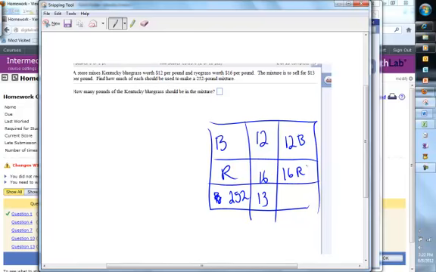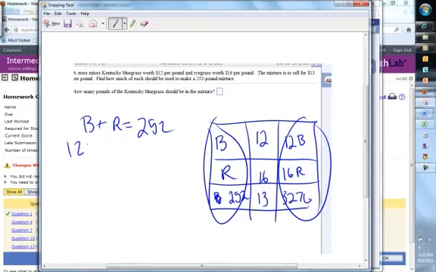Oops, I got to go mode 1 first because I was just in that other mode. 252 times 13 is 3276. So this column, B plus R equals 252, and this column, 12B plus 16R equals 3276.